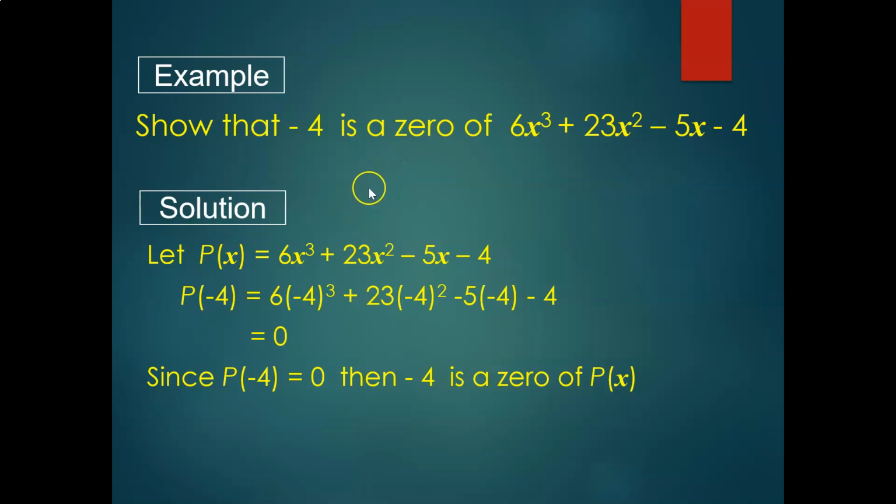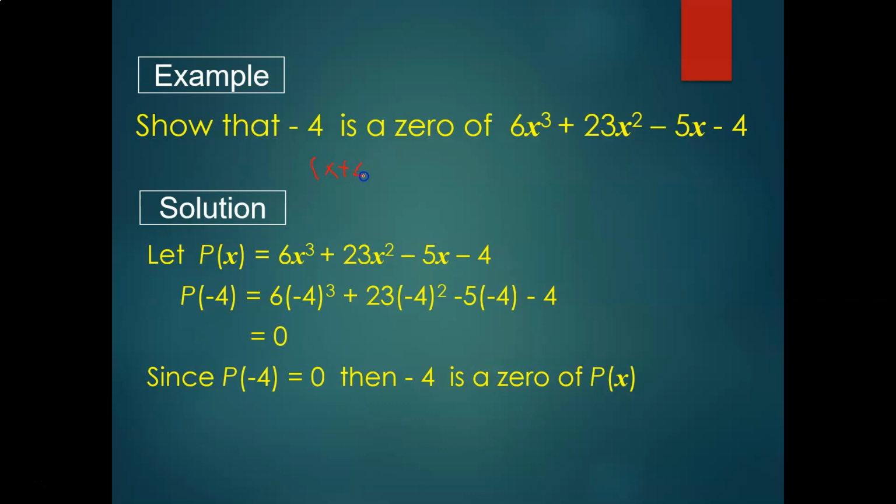But if it asks to find the factor, so you have to write a factor. How are we going to write down a factor? A factor is going to be in a bracket. Factor kan? So this is zero. Kalau factor, dia become x plus 4.